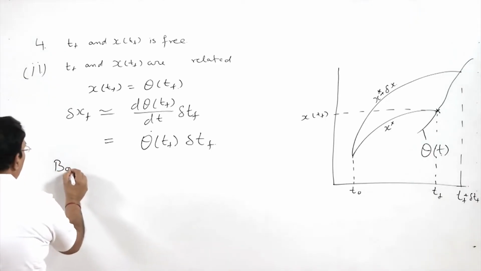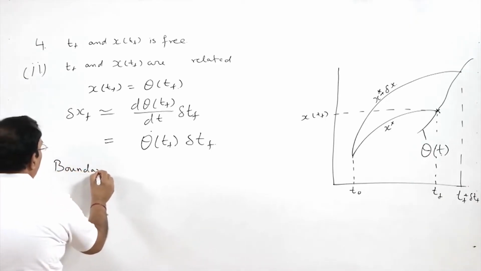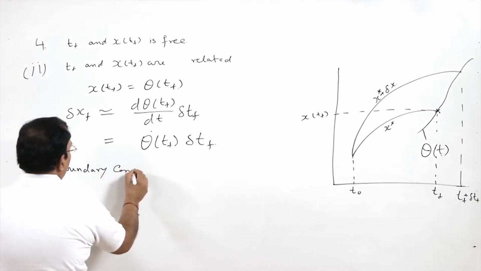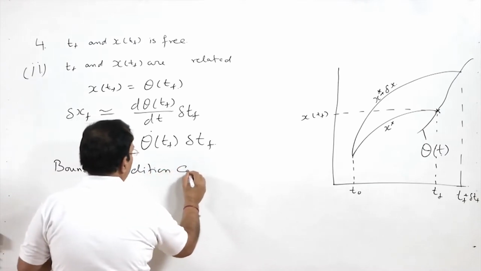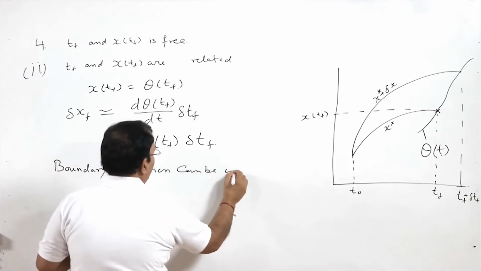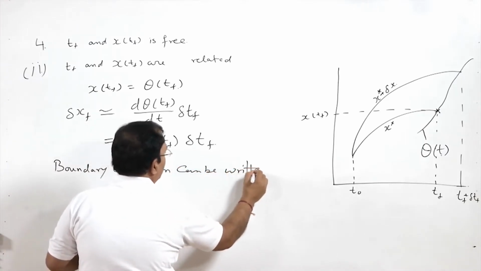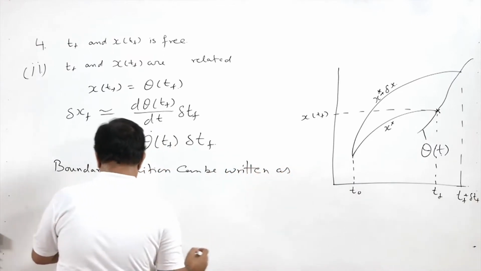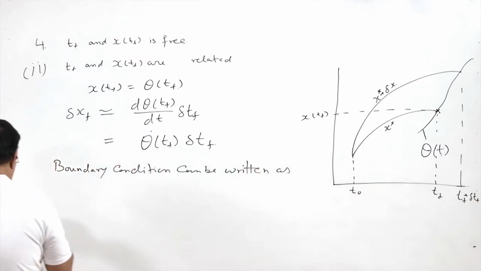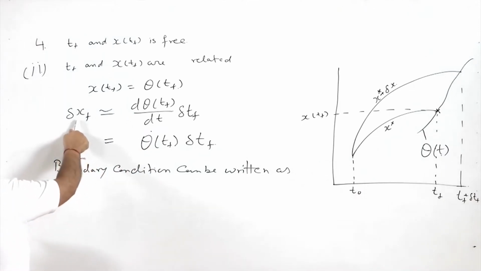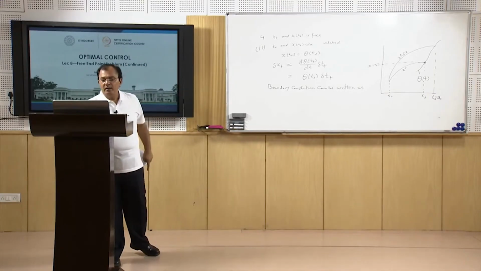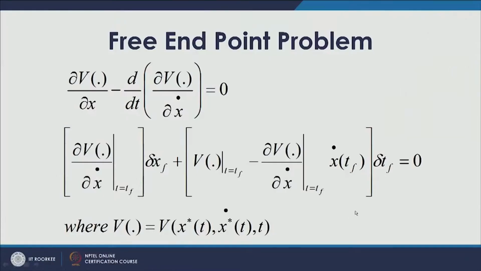So, now the boundary condition can be written as follows. I am simply placing the value of the delta xf in my last equation.